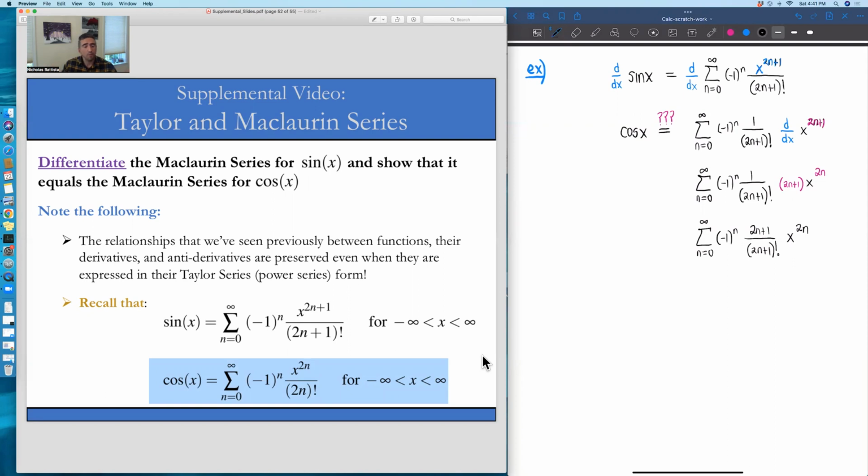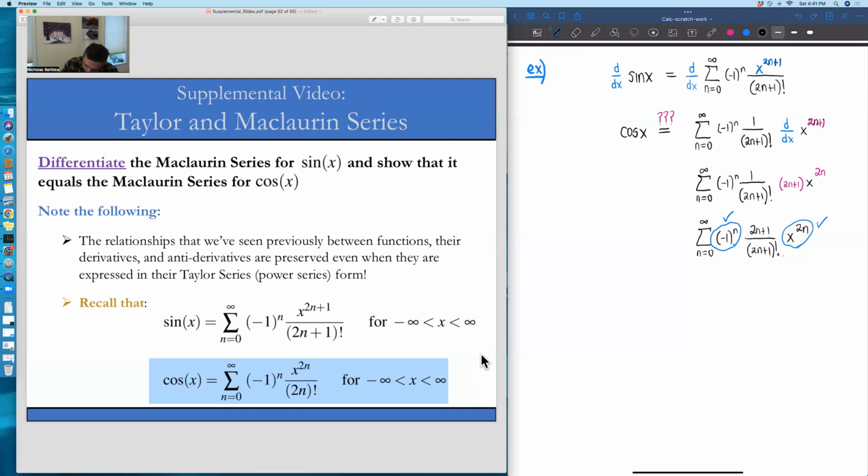If we compare to the cosine series, we have this minus 1 to the n, which is in the cosine series. We have this x to the 2n, which is in the cosine series. But in cosine, we don't want a 2n plus 1 factorial. We want a 2n factorial. And you might be seeing where we're heading now. We have this 2n plus 1 in the numerator of that fraction, so we're going to be able to cancel off a factor of 2n plus 1 from that denominator's factorial.